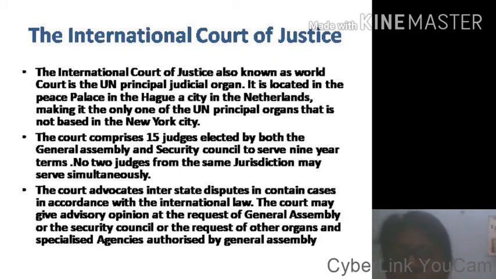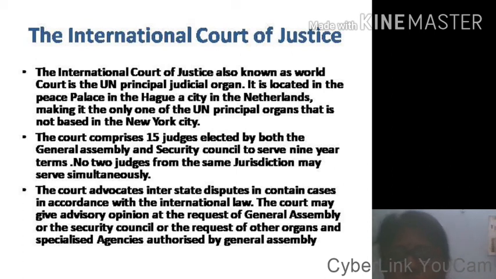The International Court of Justice is also known as the World Court. It is located in the Peace Palace in The Hague, a city in the Netherlands, making it the only one of the UN principal organs that is not based in New York City, and the rest of the organs are based in New York City.